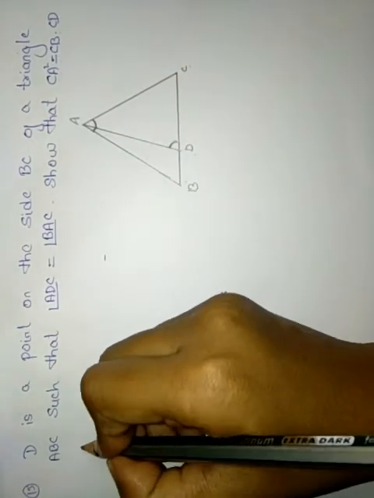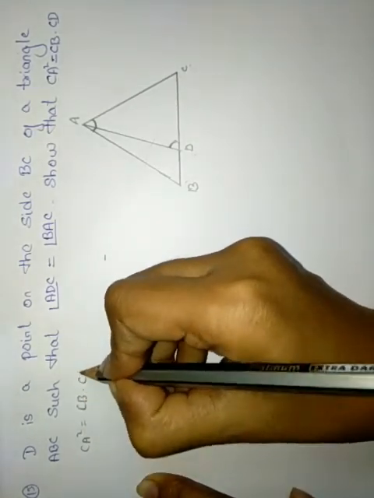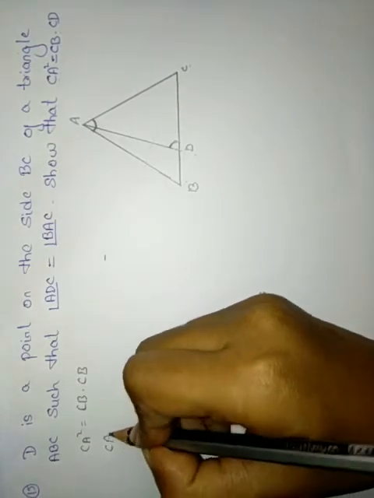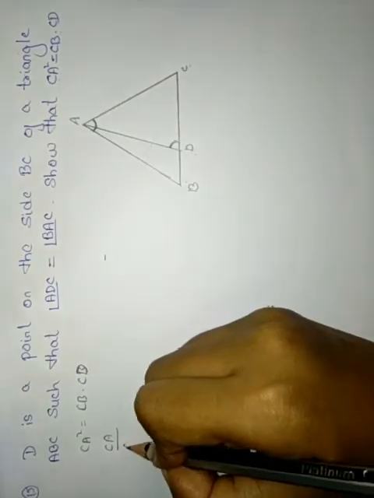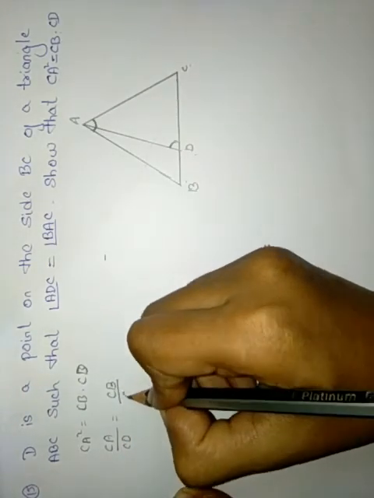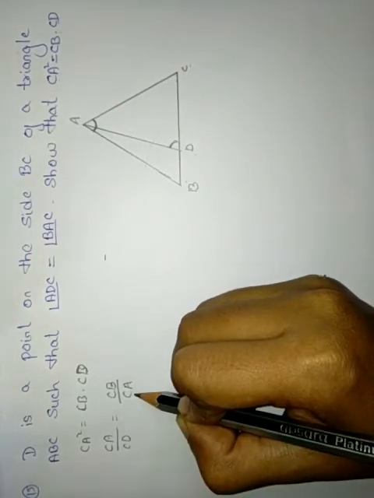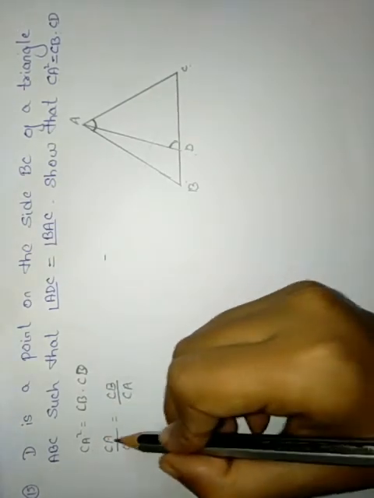I will rewrite this in ratio form: CA divided by CD is equal to CB divided by CA. You cross multiply the sides and you can verify it. You will get the above stated equation only, right?